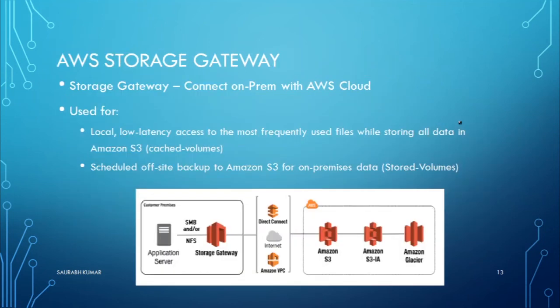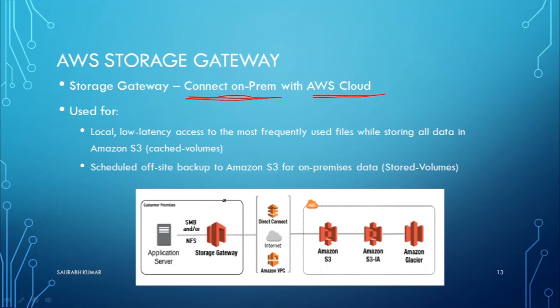Next thing, here you are going to see about AWS Storage Gateway. In the previous session I have already discussed the storage gateway, so here we can also have a small explanation of it. A storage gateway helps us connect on premises network infrastructure with the AWS cloud.